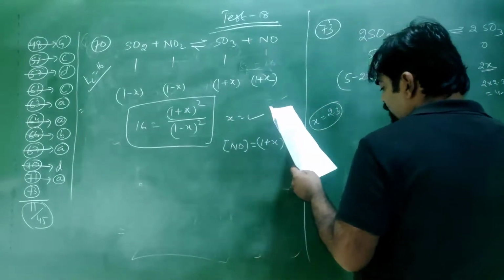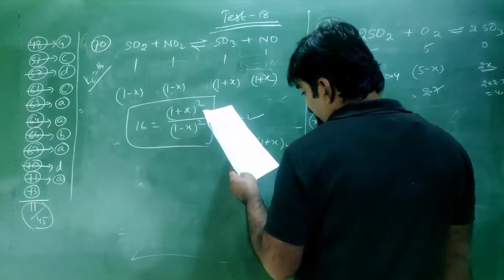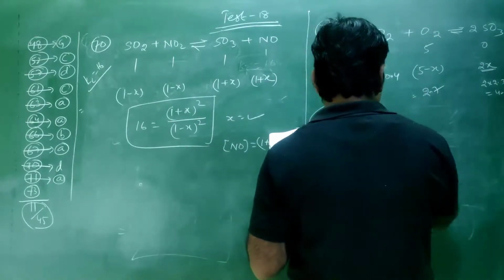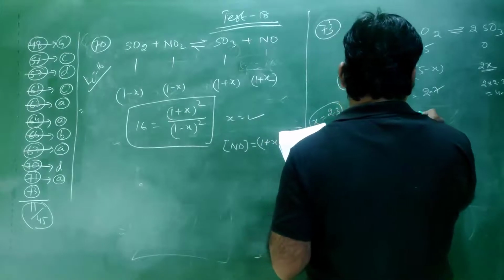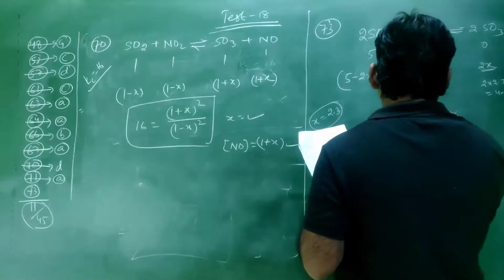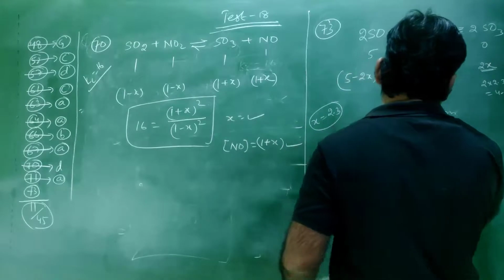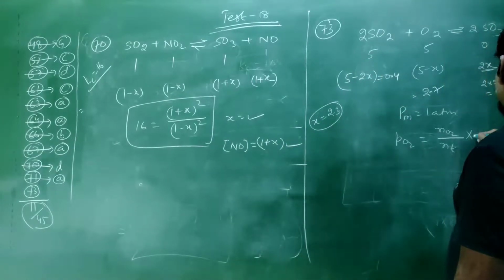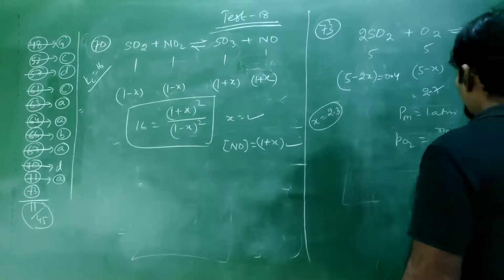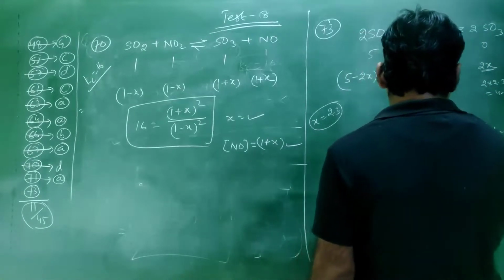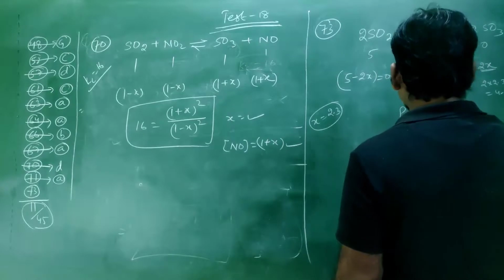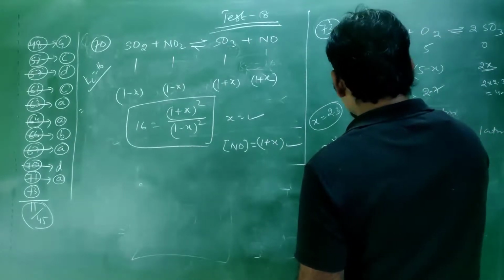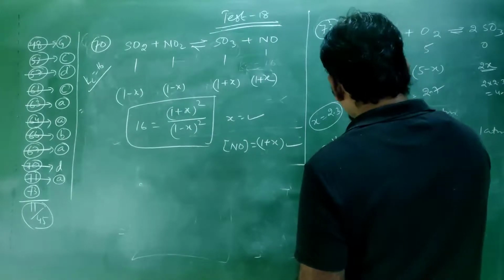Now what do you need to calculate? If the pressure of the equilibrium mixture is 1 atmosphere, the partial pressure of oxygen is? Total pressure of the mixture is 1 atmosphere. So the partial pressure of oxygen you need to calculate is the number of moles of oxygen divided by total moles, into total pressure 1 atmosphere. Number of moles of oxygen is 2.7, divided by total moles, which will be 0.4 plus 2.7 plus 4.6.